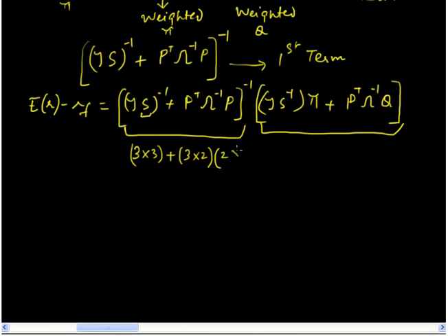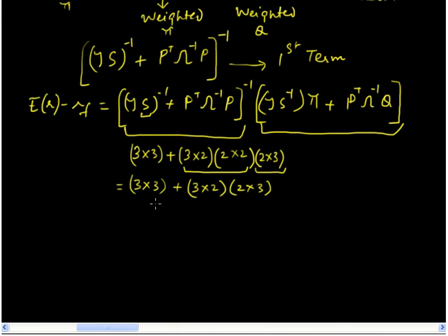Omega was a 2 by 2 matrix, and multiplied by P, which is 2 by 3. So let us see what we get here. 3 by 3, plus if we multiply out these two matrices, we are going to have a 3 by 2 matrix multiplied by 2 by 3, which gives another 3 by 3 matrix. So we are going to have a 3 by 3 matrix from the first term of the Black-Litterman formula.